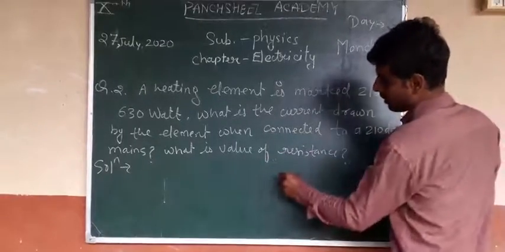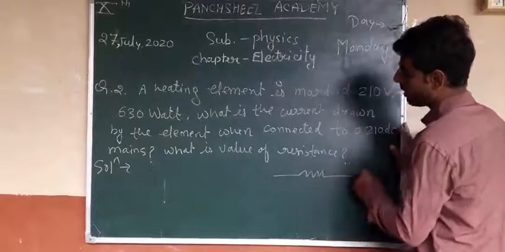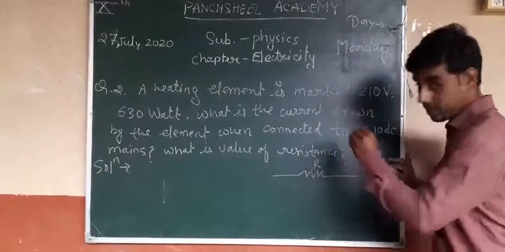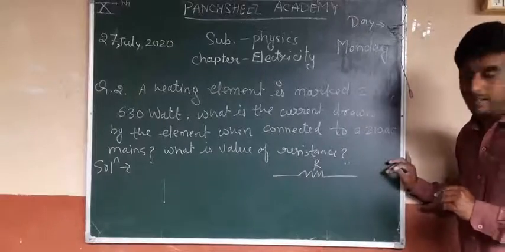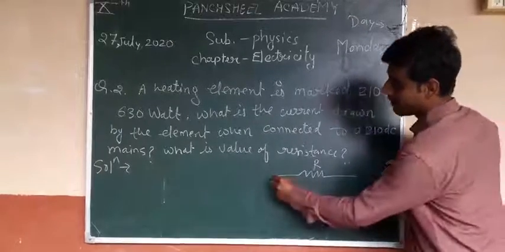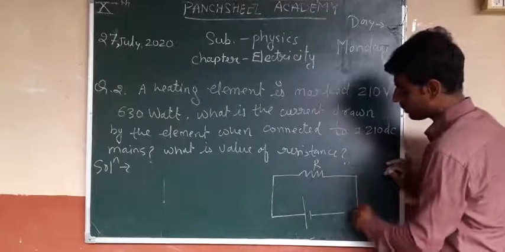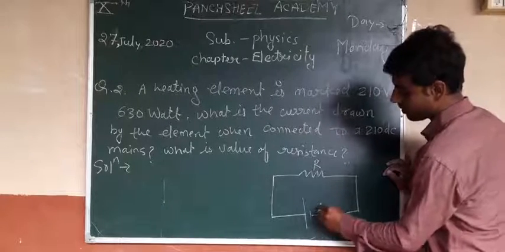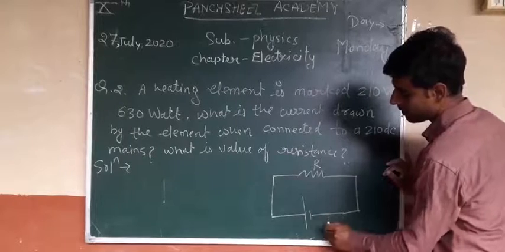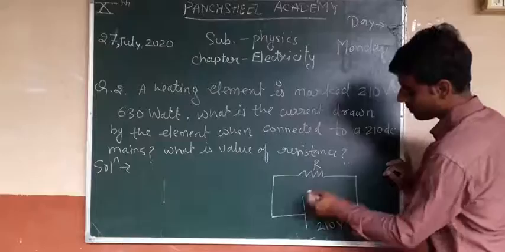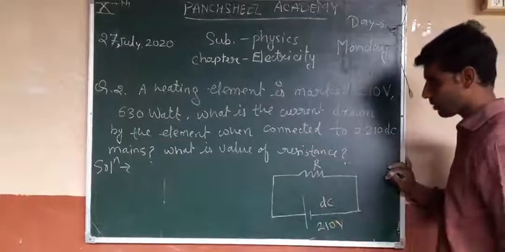This is the heating element having resistance R. This element is connected to a DC source, DC mains, and the voltage given is 210 volt. This is a DC cell.